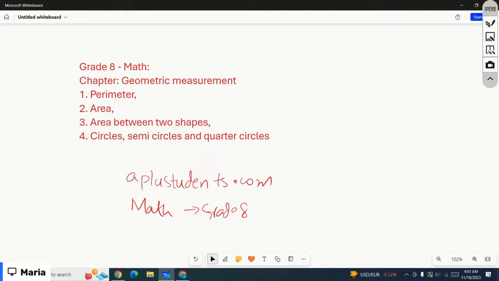So let's just start with the chapter geometric measurement. The lessons we are going to cover today are perimeter, area, area between two shapes, circles, semicircles and quarter circles.